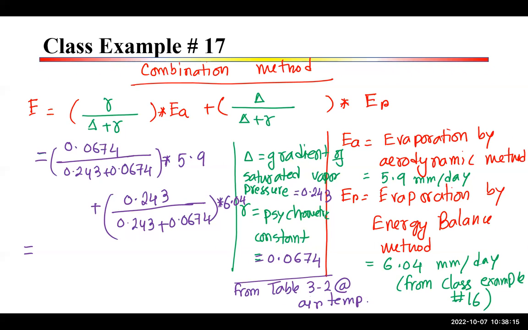So what is the final answer you got, all of you? Something around 6. I got 5.98. Some of you may get 6 or something. So I will just write down 6. Then you got the correct number this time.